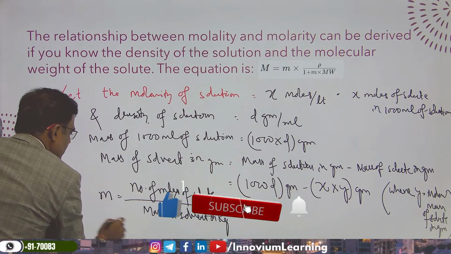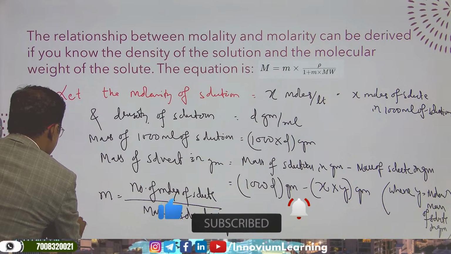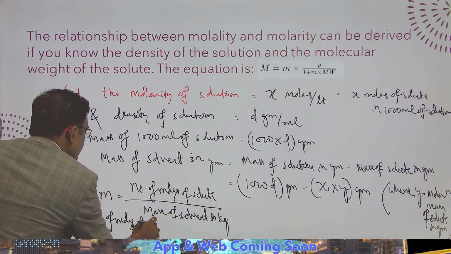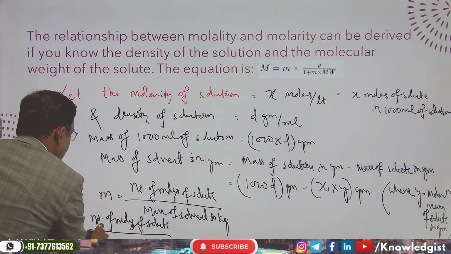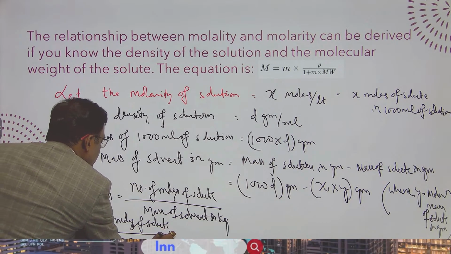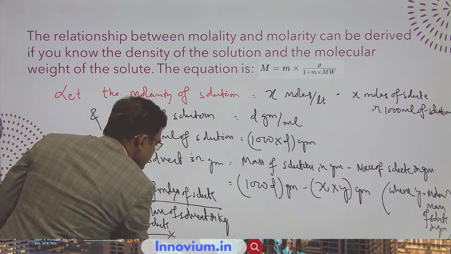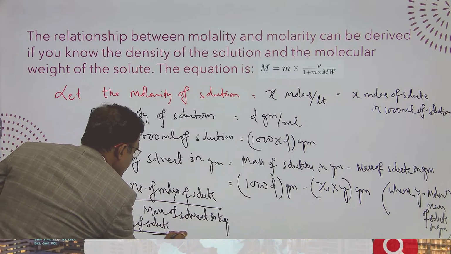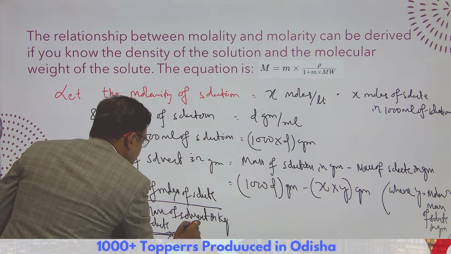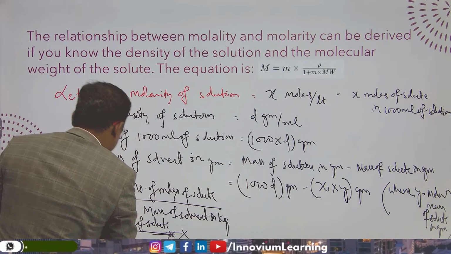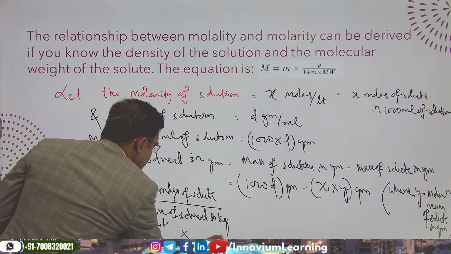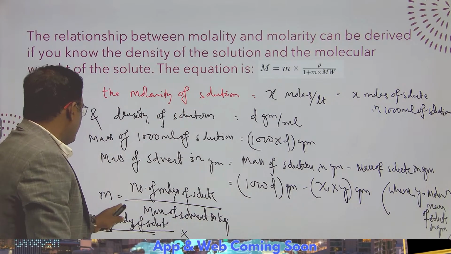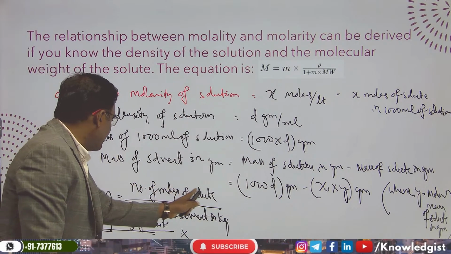Here I am writing that molality is equal to number of moles of solute by 1000 into... So here you see, this is the number of moles of solute.